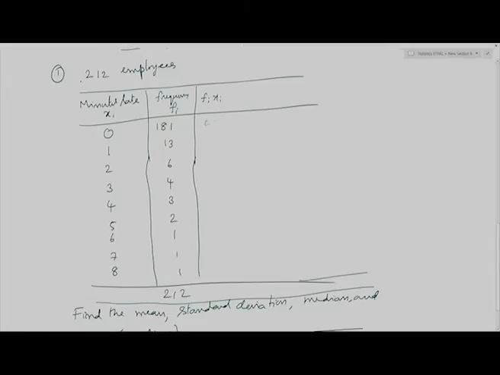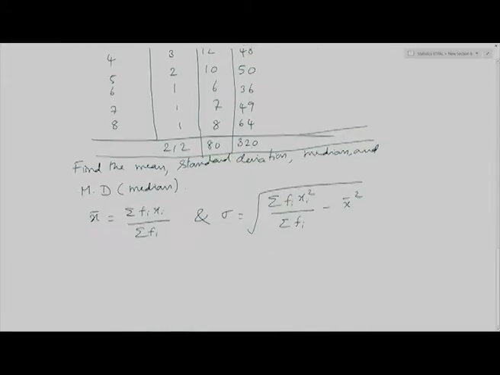So obviously this is 0, 13, 12, 12, 12, 10, 6, 7 and 8, and here the total is 80, and we also need fi xi square, and it is 0, 13, 24, 36, 48, 50, 36, 49, 64. Now here the total is 320.